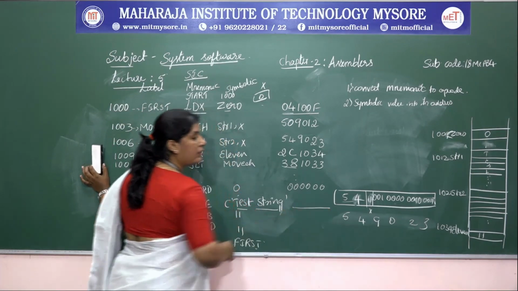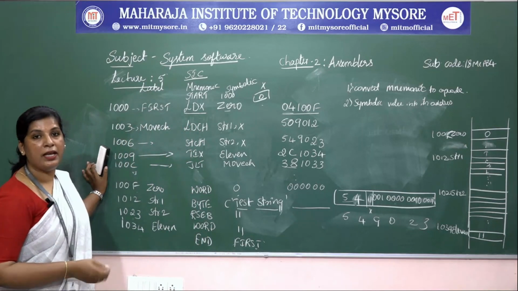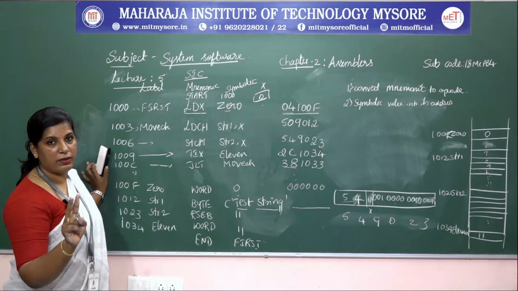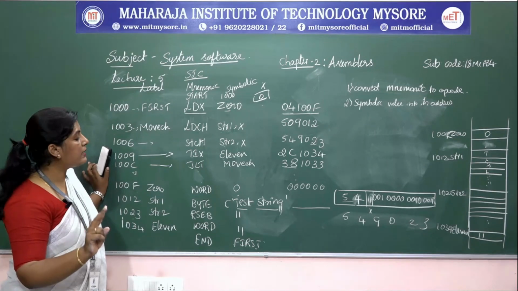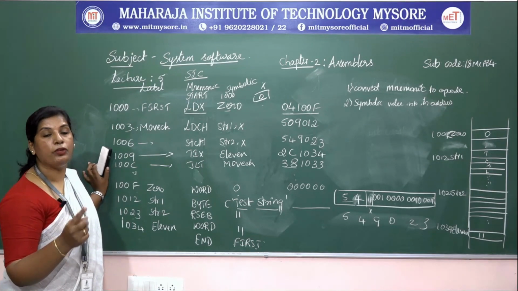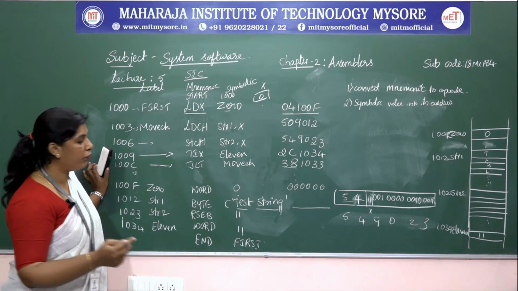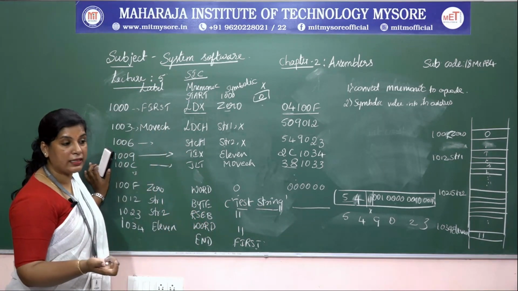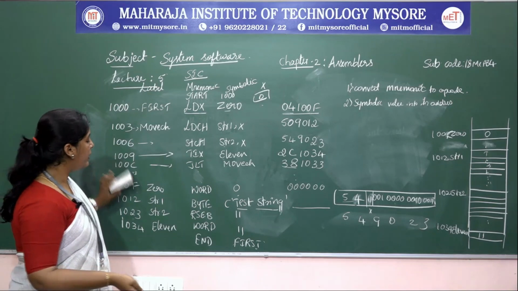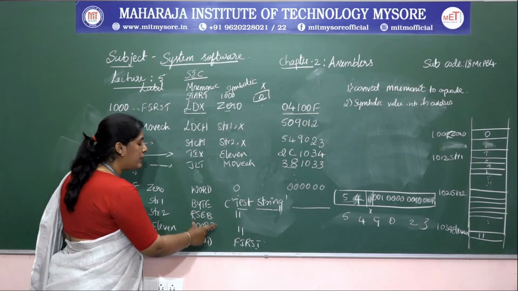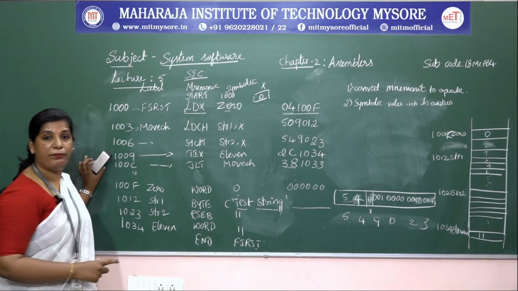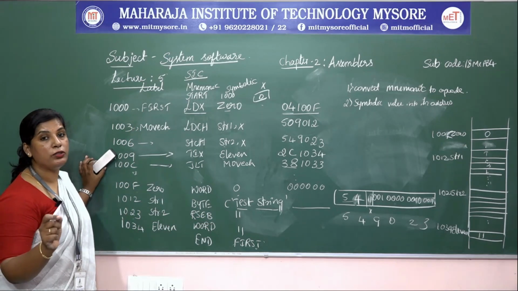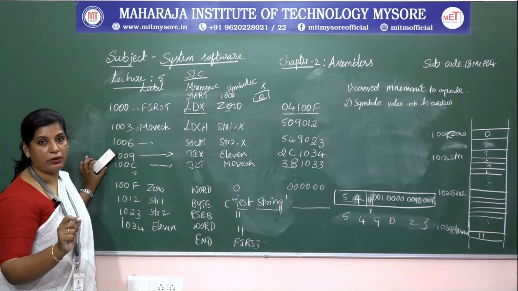For representing the ASCII value in hexadecimal, it requires 2 hexadecimal digits. How many hexadecimal digits are required? 11 into 2, 22 hexadecimal digits are required to convert this test string into hexadecimal digits. After that, please do remember, for reserve space we are not going to generate any object code.